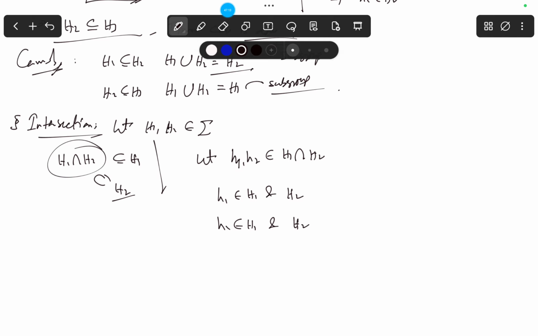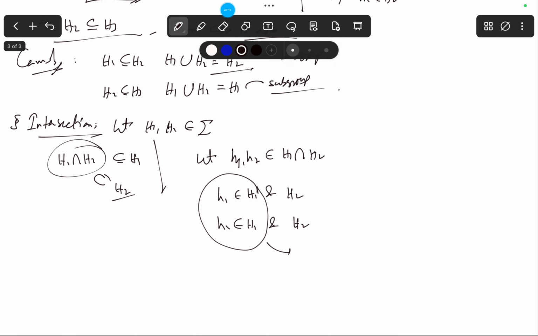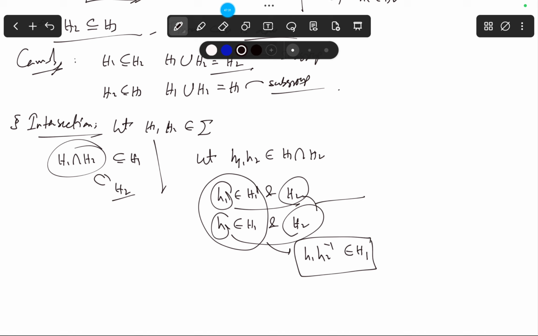Now that means h1 and h2 are both in capital H1. So from here one can easily say that h1 times h2 inverse has to be in capital H1, right? Again, h1 is in capital H2 and h2 is in capital H2, and from here one can easily say that h1 h2 inverse is in H2 as well.